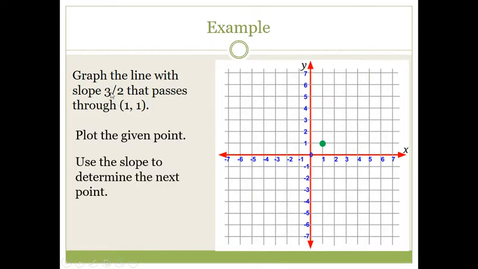So a slope of 3/2 would indicate that to get from this point to my next point, I should go up 3, 1, 2, 3, and then over 2 and plot another point. If this was a -3/2, then I would go down 3 and to the right 2.